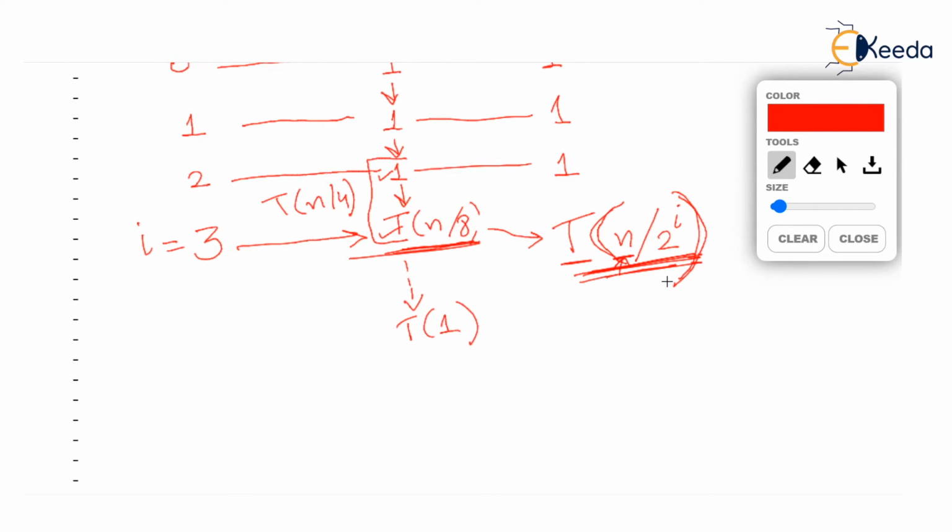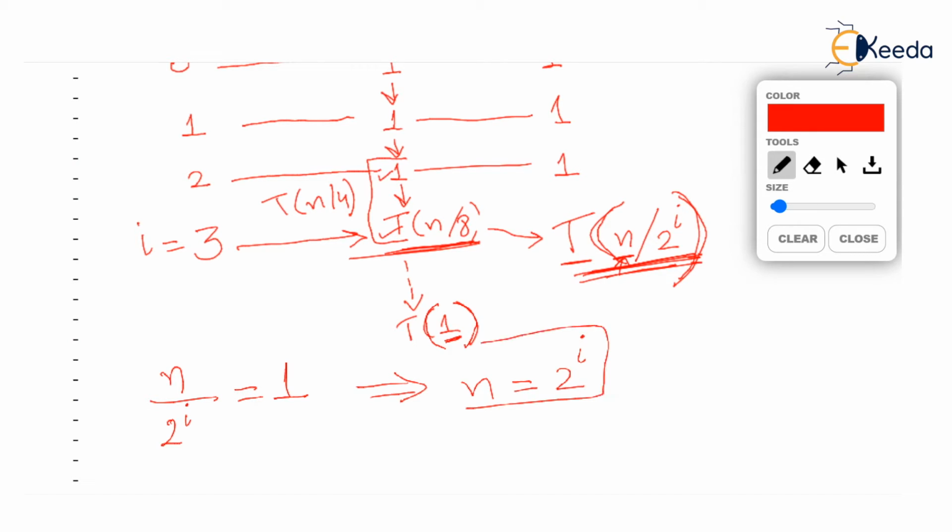We simply assume that n upon 2 raised to I has become 1. Then in the bracket of this function T, we will get 1. So this implies that if n upon 2 raised to I becomes 1, then n becomes 2 raised to I. And if n has to become 2 raised to I, then I is log of n to the base 2, isn't it?